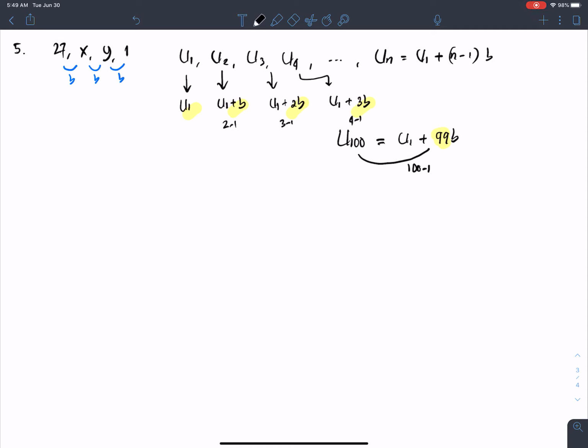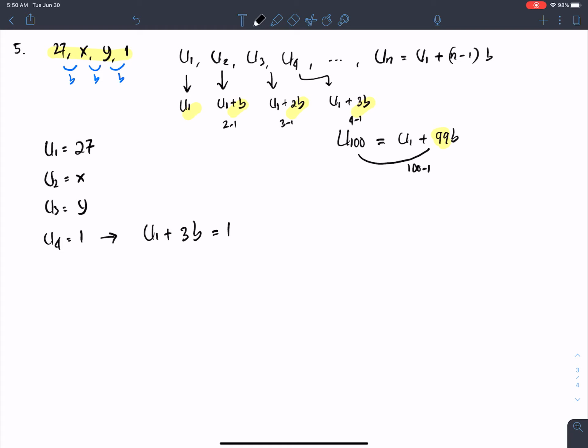Okay, from the question it is very clear that our u1 is 27, and u2 is x, which we do not know and would like to find out. u3 is also one we are going to find out, which is y. But we get the info for u4, which is 1. According to the pattern, u4 is u1 plus 3b, which is equal to 1.